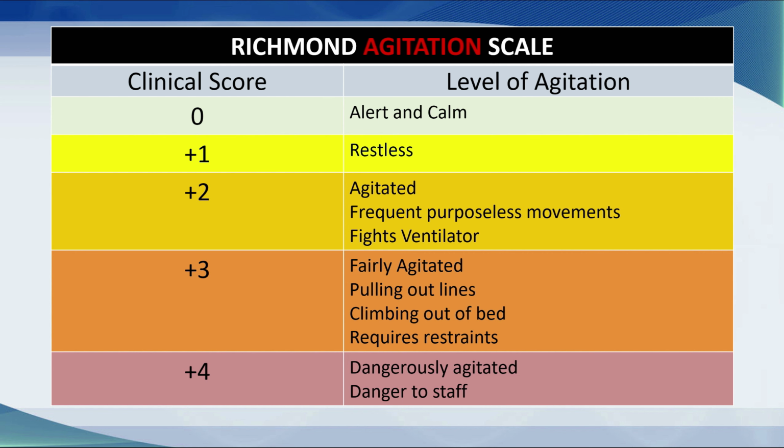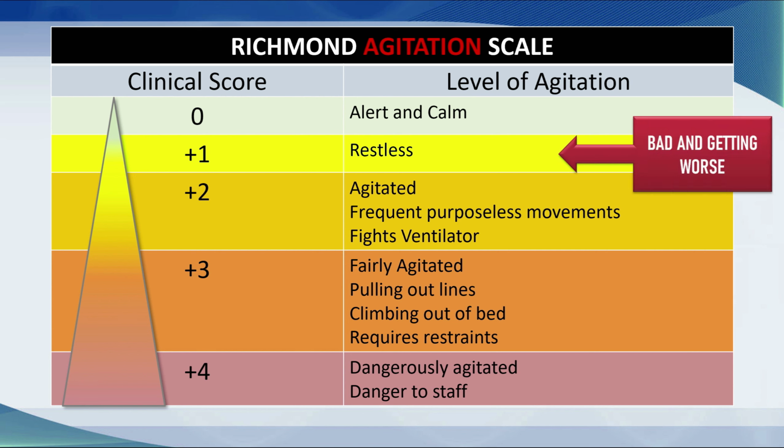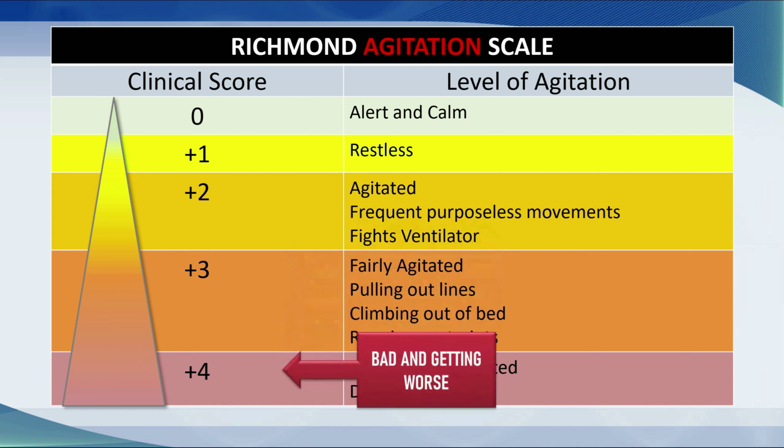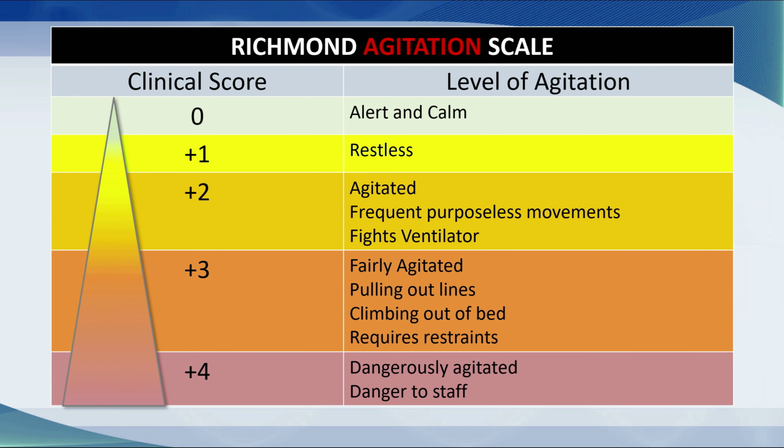The Richmond Agitation Scale goes from the same 0 to +4, reflecting progressively worsening levels of agitation. Ultimately, that agitated patient may be a danger to themselves and to staff.